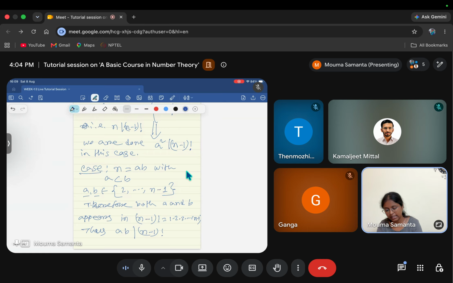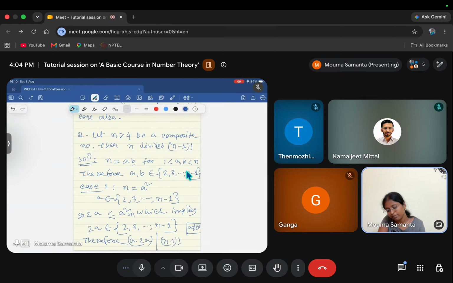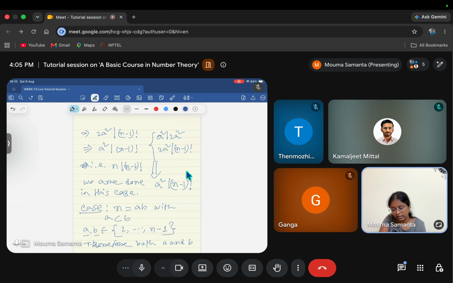So in this case also, we are done, and AB is exactly equal to n, therefore n divides (n minus 1) factorial, and we are done. You may not consider these two cases differently, but for clarity, if you consider these two cases separately, it will be better to understand, because case one is more difficult than case 2.